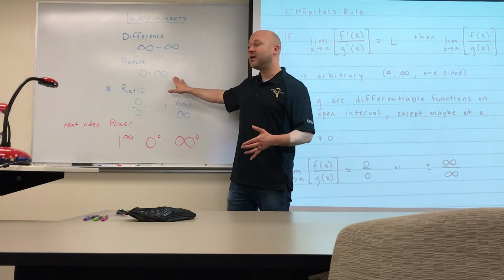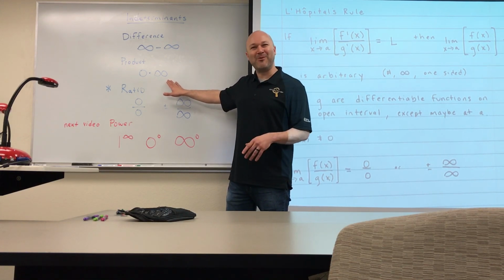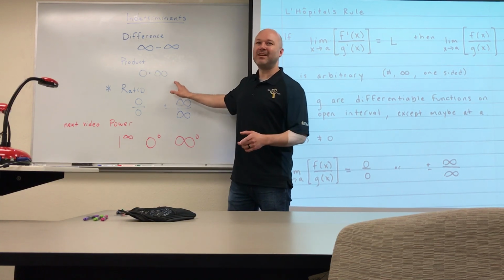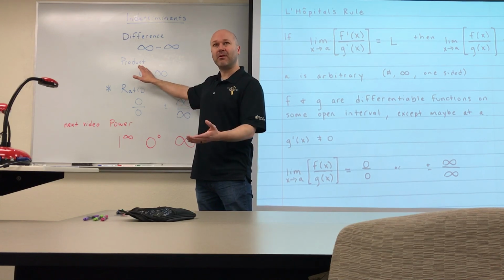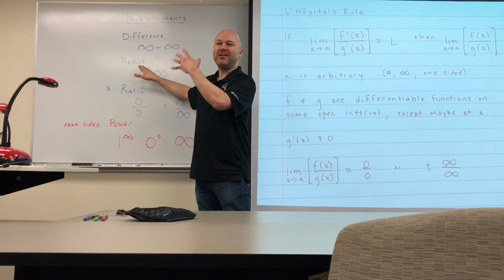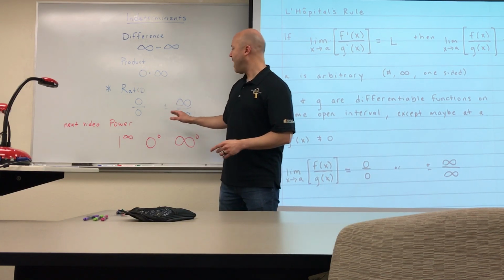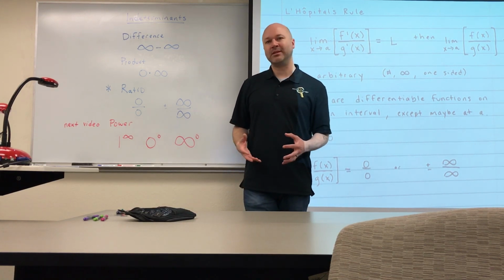Same thing with the product, 0 times infinity. We're not sure quite what happens. 0 times any number is 0, but infinity is not a number. Infinity times a number should just continue to be infinity, but what does that 0 do to infinity? And then ratio indeterminates, which is kind of the main point today.